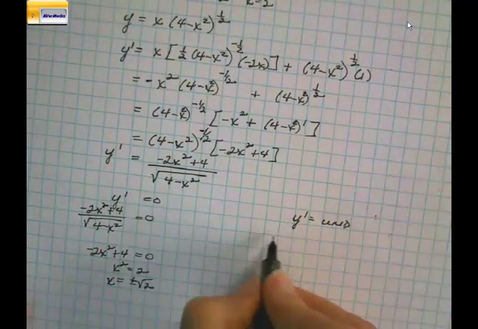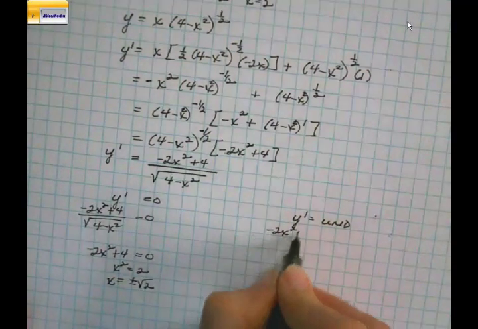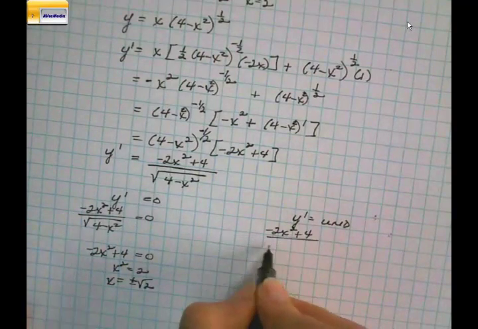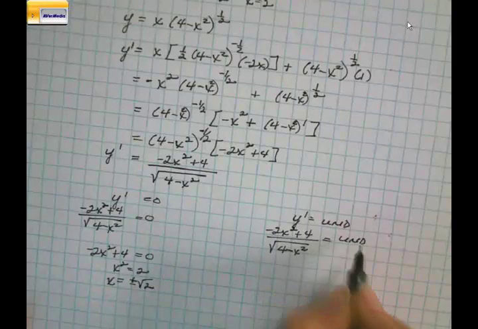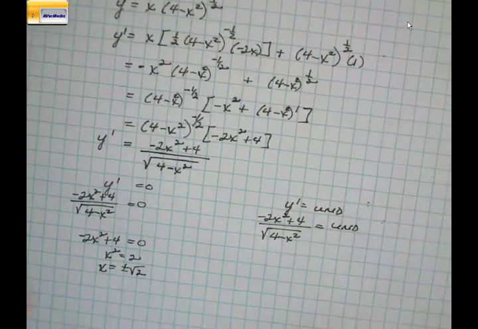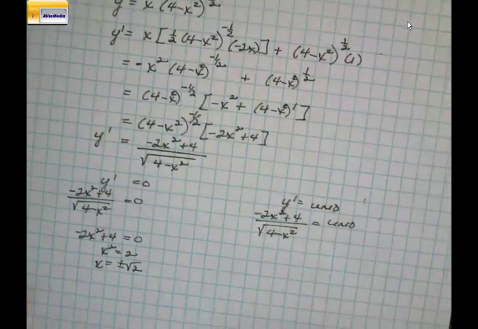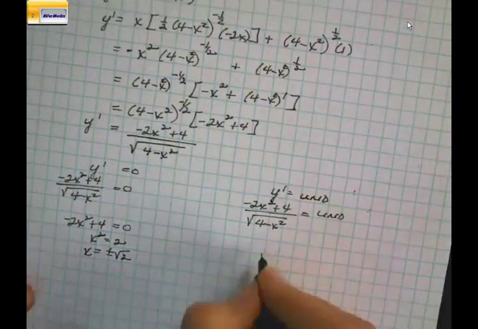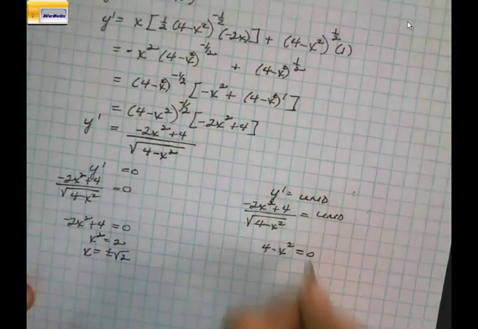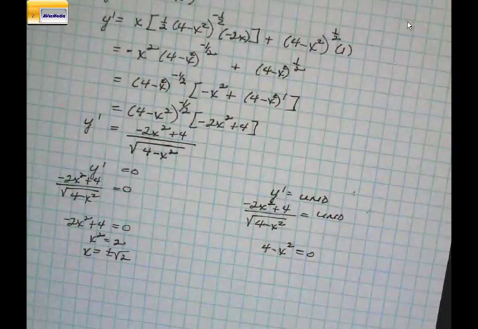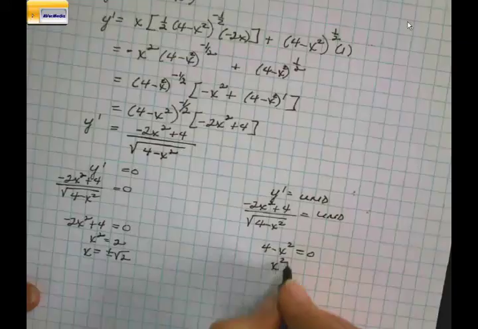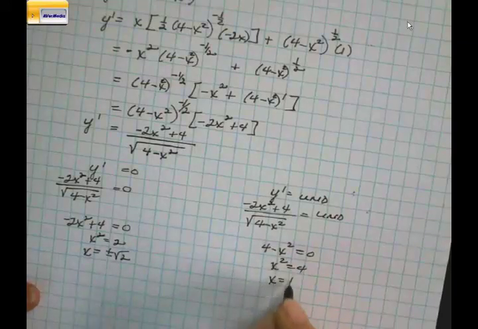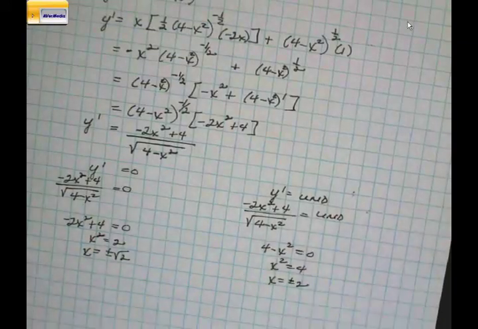The first derivative is undefined when the denominator is 0. For that, 4 minus x squared would have to equal 0, so x squared equals 4, or x equals plus or minus 2. So we have 4 critical values here.